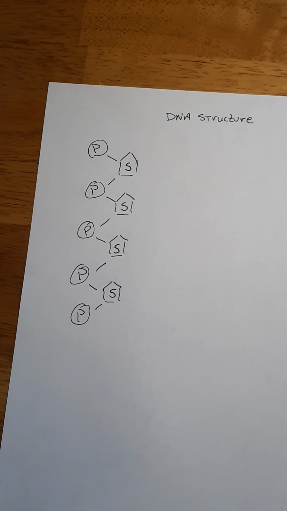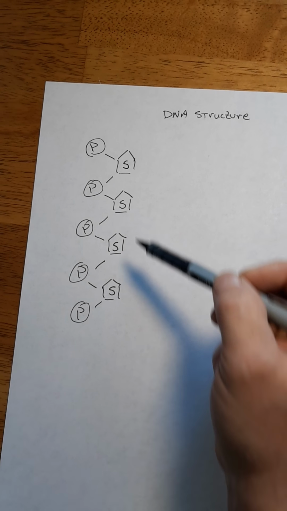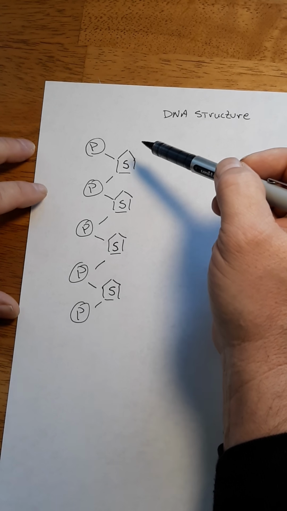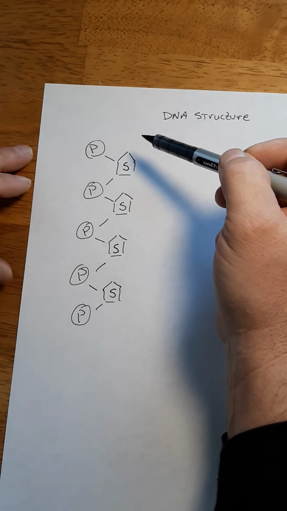Now, one of the things that you'll notice on your figure, and that we'll come back and talk about later when we talk about DNA replication and protein synthesis, is the orientation of the molecule. DNA is what they call anti-parallel. It's like 2 lanes of traffic going in opposite directions. One side runs this direction, and the other side runs this direction.